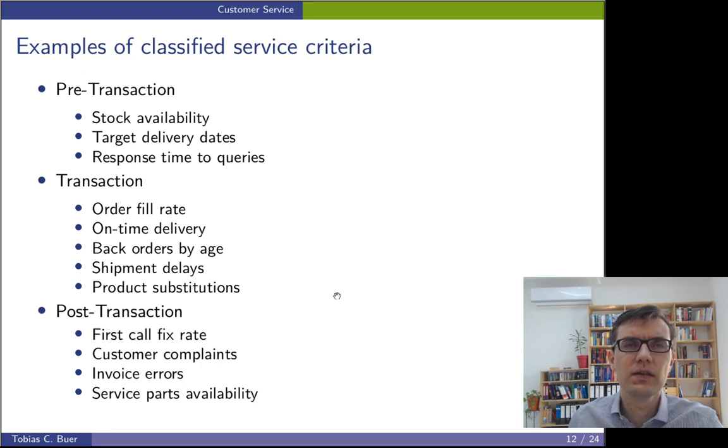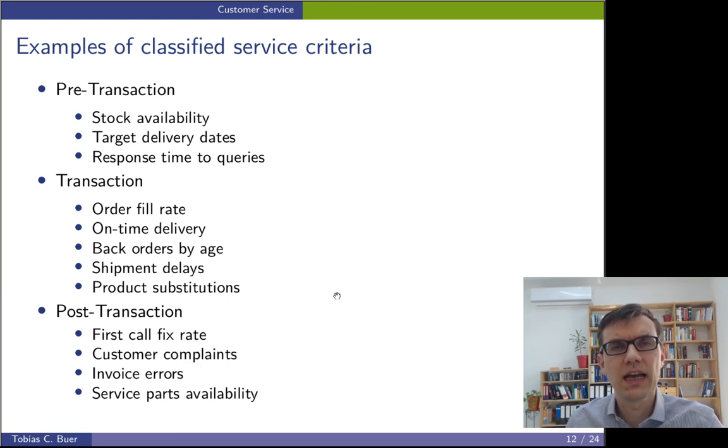Another criterion is the expected delivery time. So when you have to order a product, it is important for you as a customer to know how much time it will take until the order arrives at you.